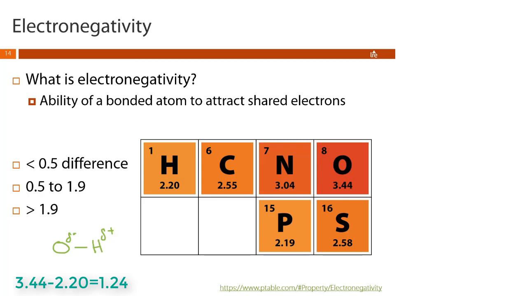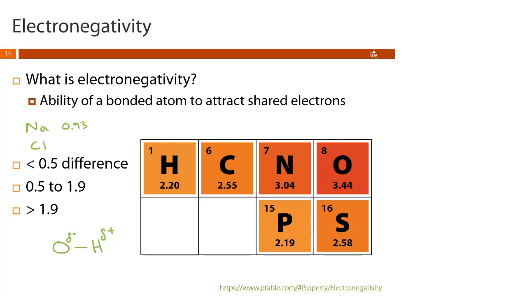So what if we have an electronegativity difference greater than 1.9? We can't have that with any of these 6 common atoms we see in biomolecules. That's going to generally require an interaction between a metal and a nonmetal, so something like sodium chloride. Sodium has an electronegativity of 0.93.